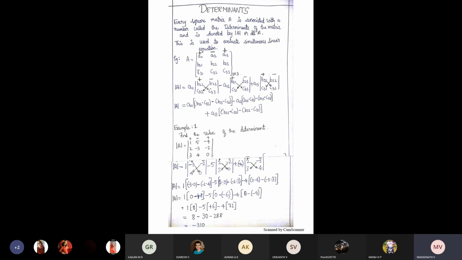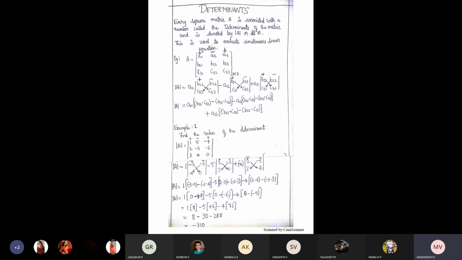A11 lies in the first row, first column, right? If you suppress the first row and first column, you are left with B22, B23, C32, C33.